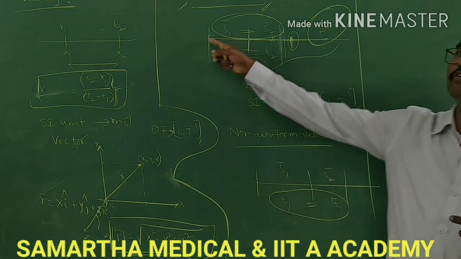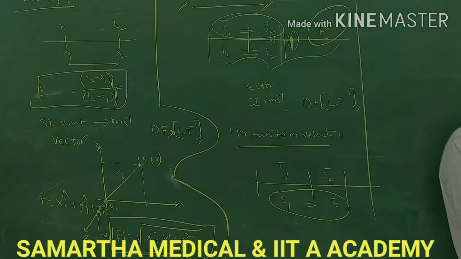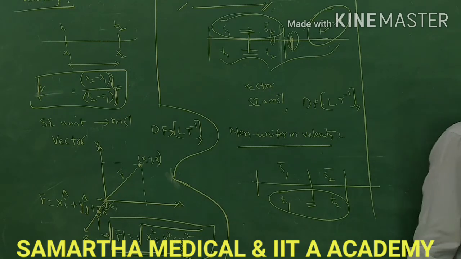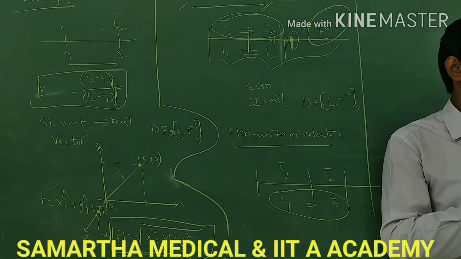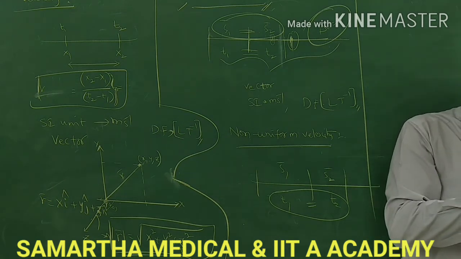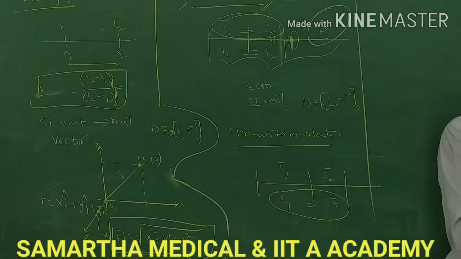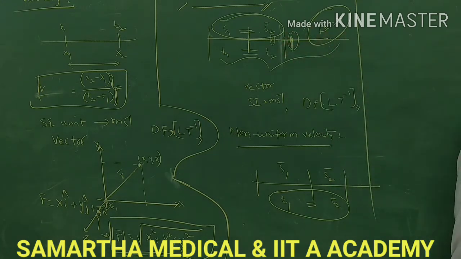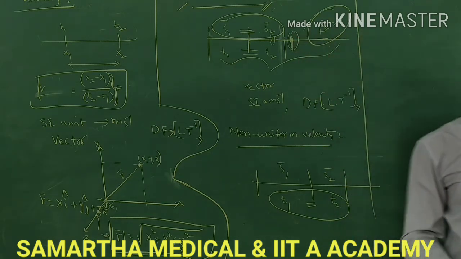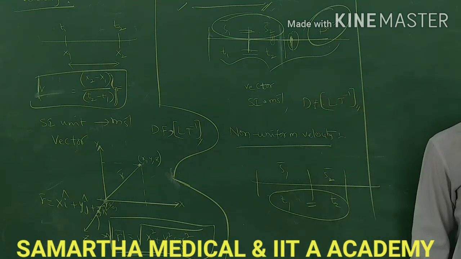If you consider a body going along a straight line, uniform speed, uniform velocity, average speed, average velocity, and instantaneous speed are all the same. Clear? That is what you can say for uniform velocity. Next, go for non-uniform.